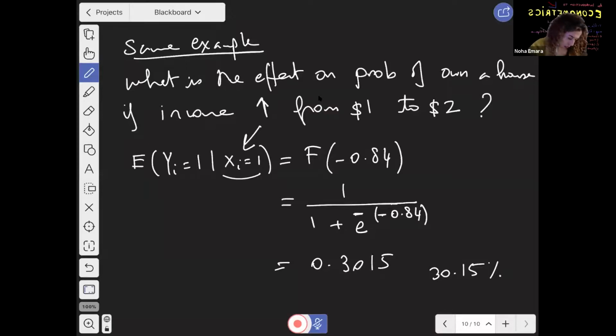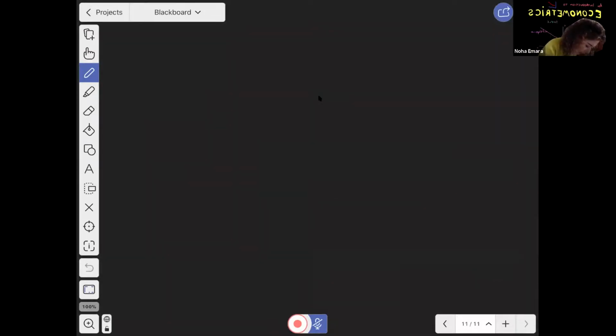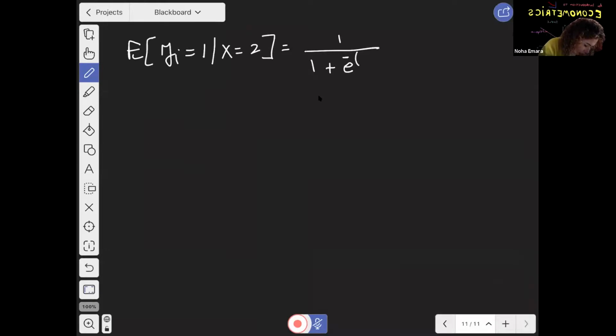So when income is equal to 2, you just repeat, and the expectation of yi equal to 1, meaning owning the house, given income is equal to 2,000, is equal to 1 over 1 plus e to the minus 0.7415, right?